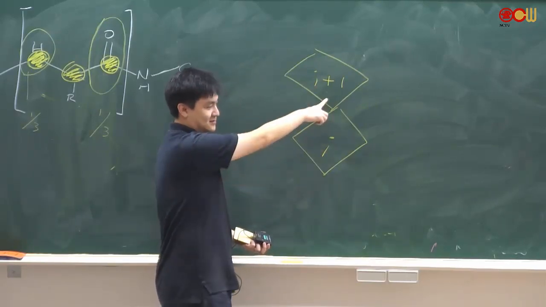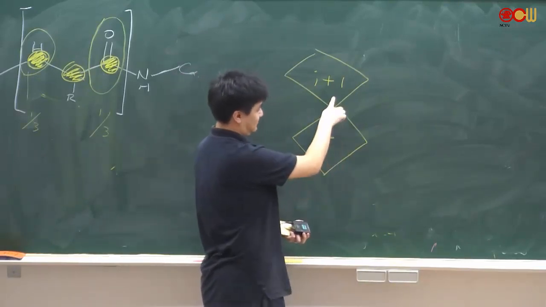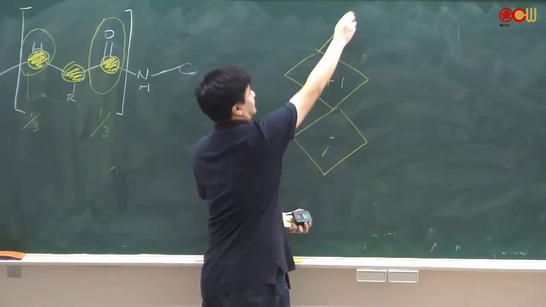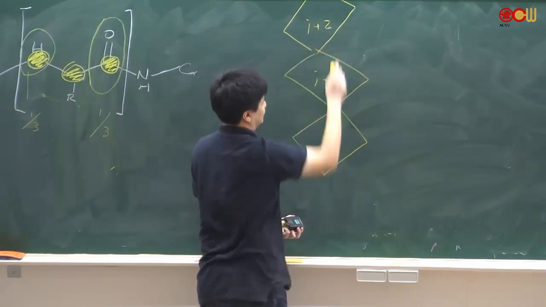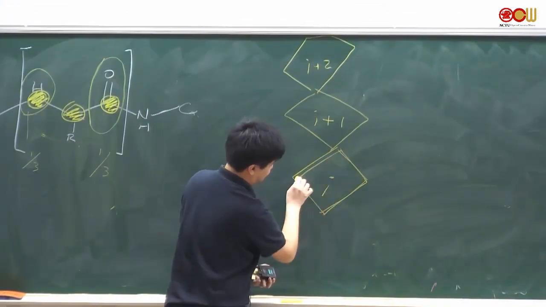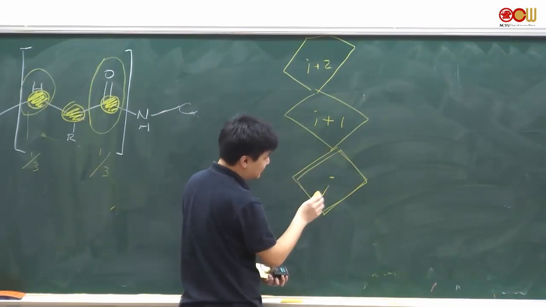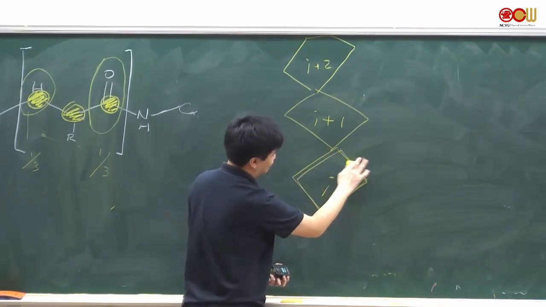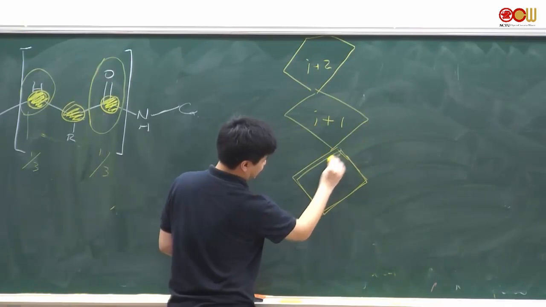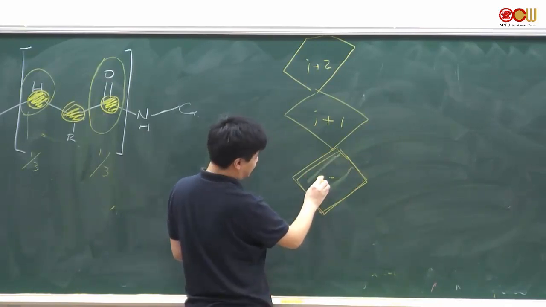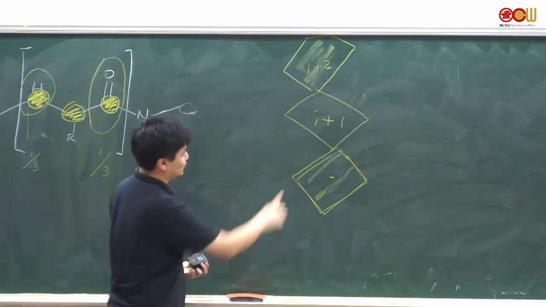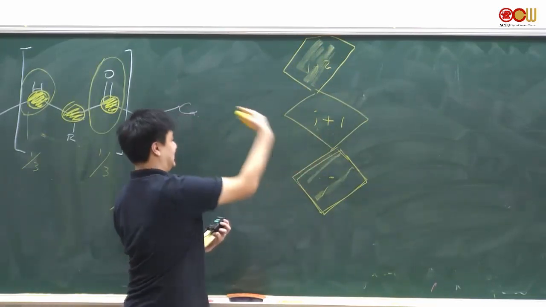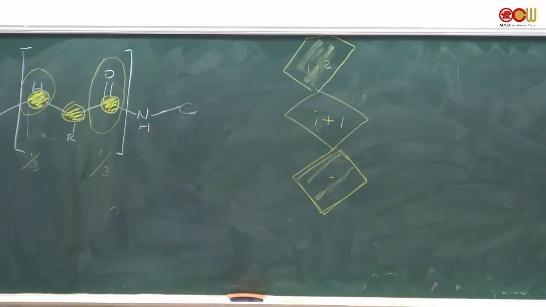This structure is not the same. So when you repeat to this one, it's going to be like that. So this one is I plus 2. This rectangular structure repeats at I plus 2, because I plus 1 is facing the other way. So you have n equal to 2 per turn.